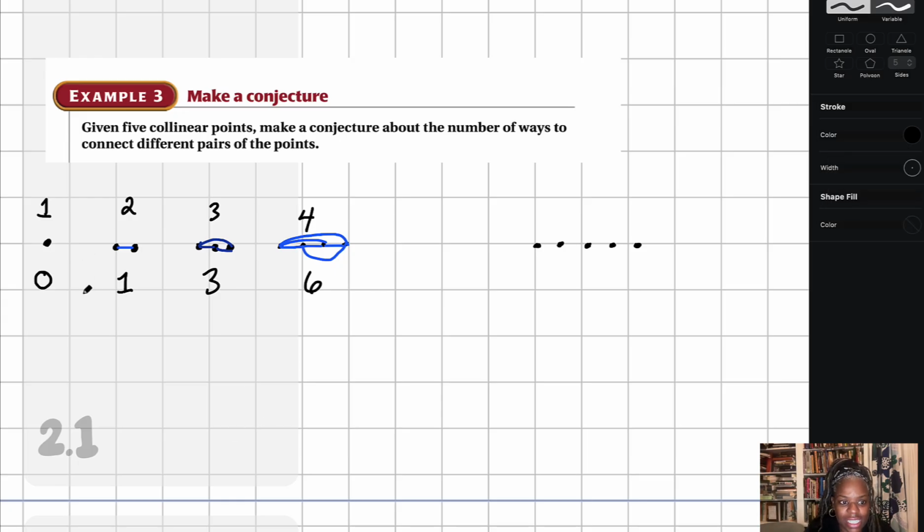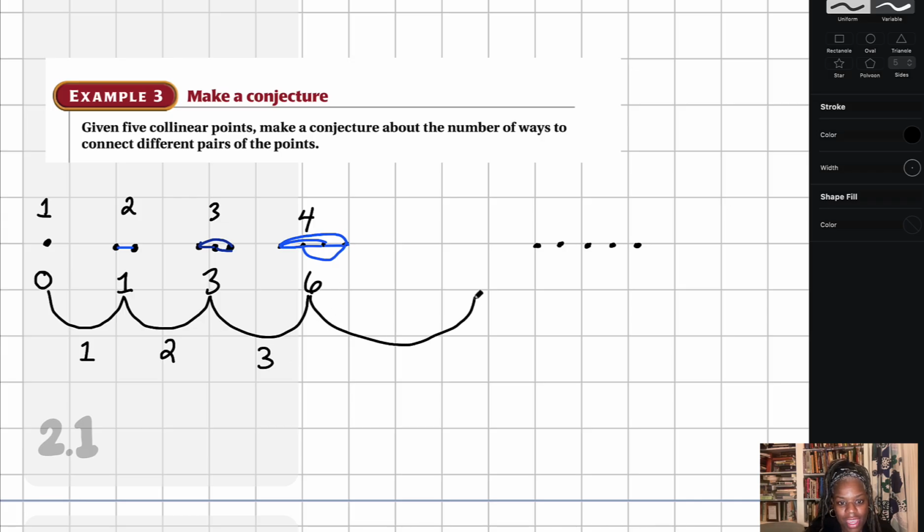Sometimes it's not just looking to see if things are being multiplied, but let's just see how far apart 0 and 1 are. 0 and 1 are 1 apart. 1 to 3 would be 2 apart. 3 to 6 is 3 apart. What number comes after 3? 4, right?